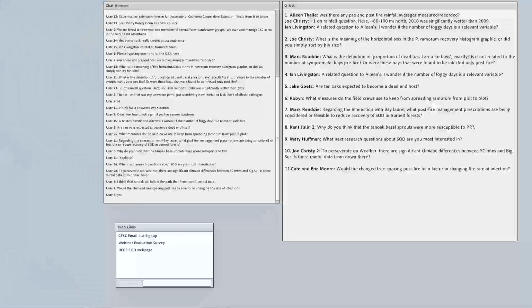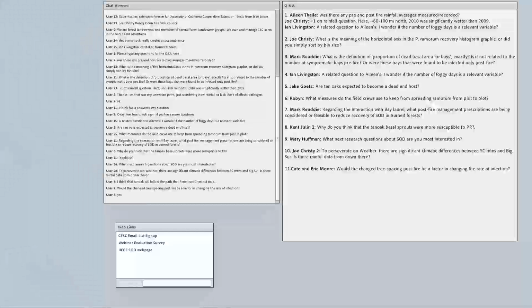It's low to the ground, so the pathogen can just rain down on it from upper story canopies.